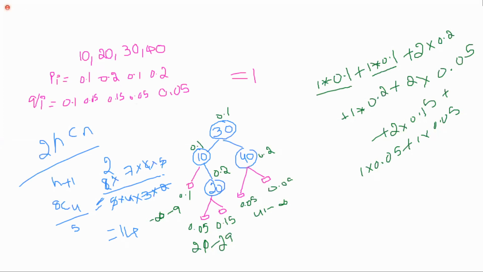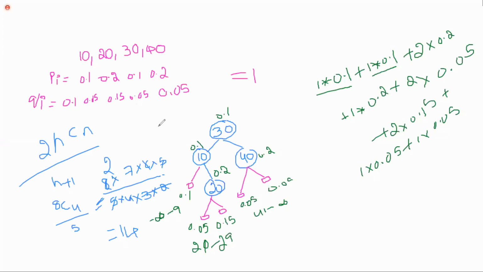Is it clear? What is a binary search tree? How can we know how many binary search trees are possible? What is the probability of a successful search? What is the probability of an unsuccessful search? Is everything clear?